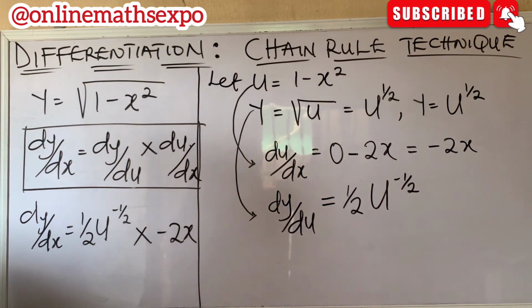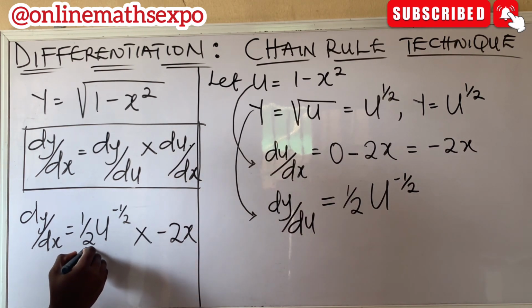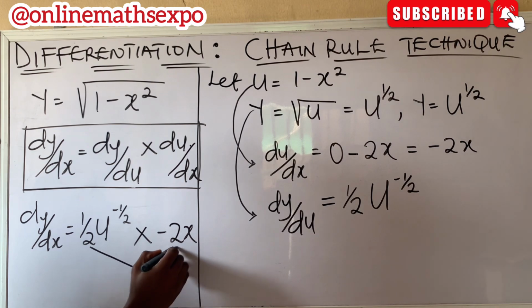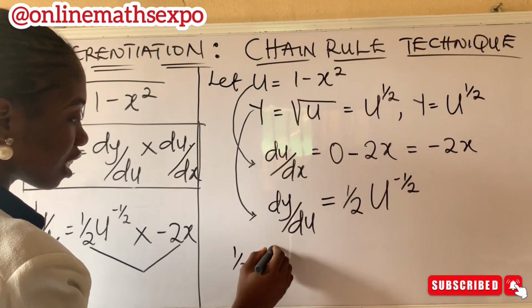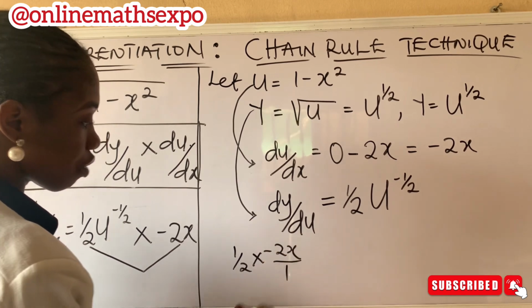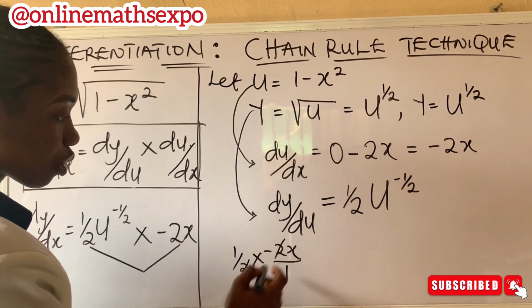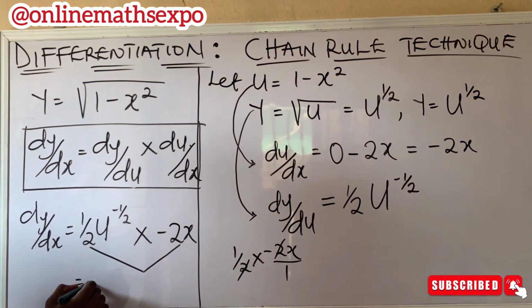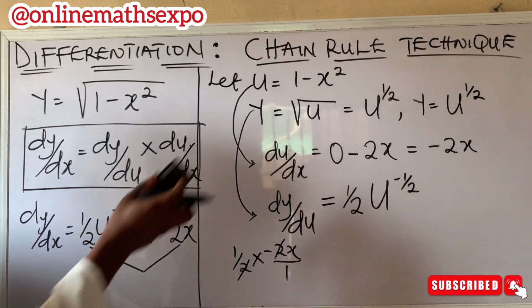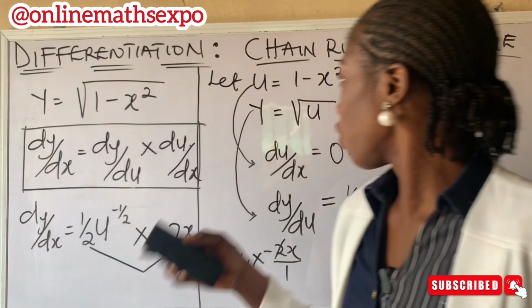So we are now going to gather this together. In gathering it together, I can use this half to multiply negative 2x. Watch, half multiply negative 2x, make it to be over 1. This will cancel. So we are left with 1 multiplies negative x, which will give us negative x. Okay, let's take it to the other side so that we can conclude.